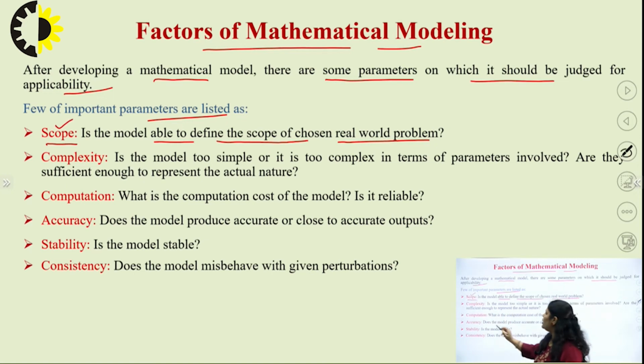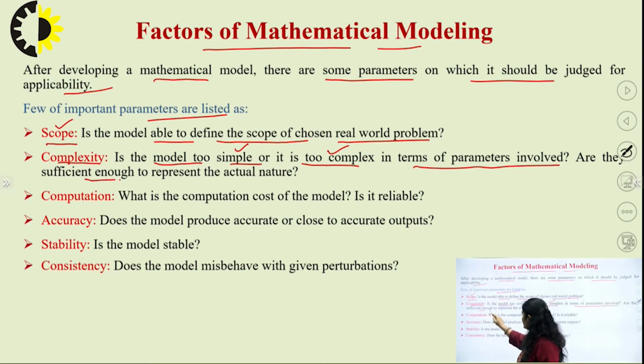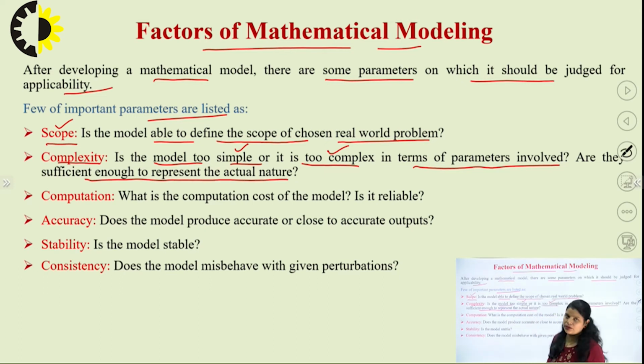After that we come to the next factor, which is the complexity. Complexity is basically: is the model too simple or too complex? It should not be too simple and it should not be too complex. In terms of the parameters involved, are they sufficient to represent the actual nature?